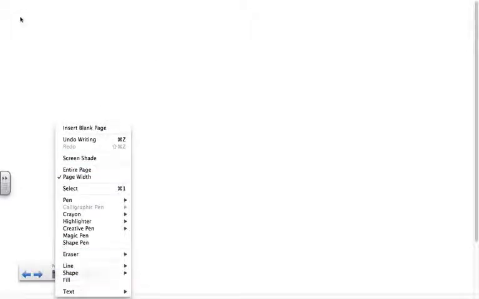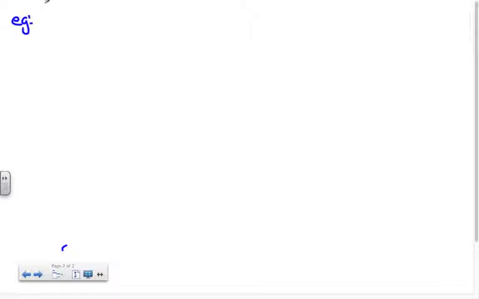Now, earlier we discussed how to do a problem with one loop or one circuit. So, for example, I have a battery, something like this. I have a resistor, and resistor 2, something simple like this.